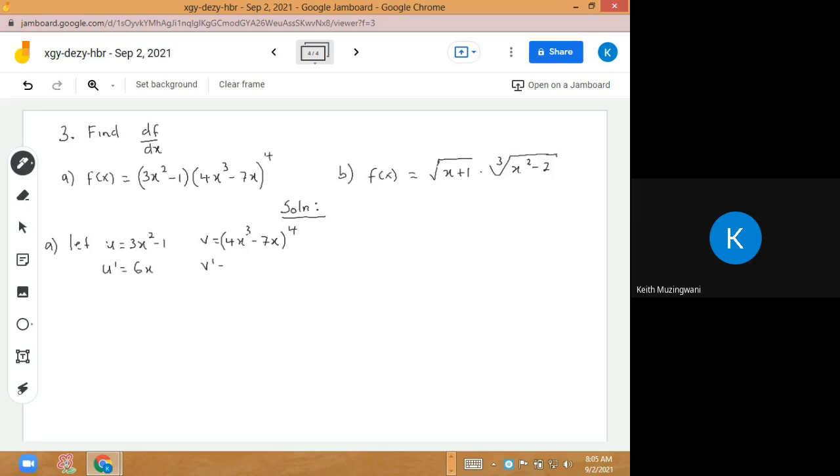Differentiate v, we'll get 4 multiplied by (4x to the power 3 minus 7x), 4 minus 1 is 3, multiplied by, we differentiate now the inside, 12x squared minus 7.